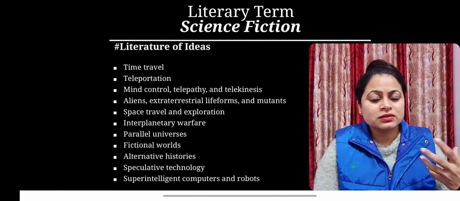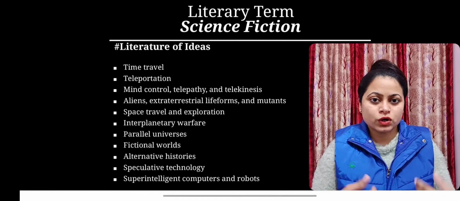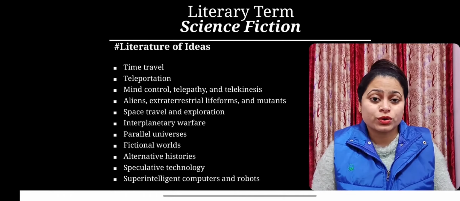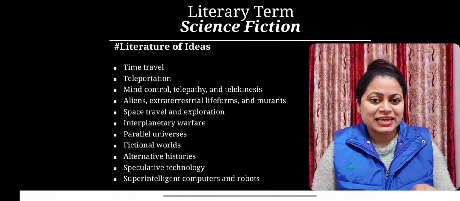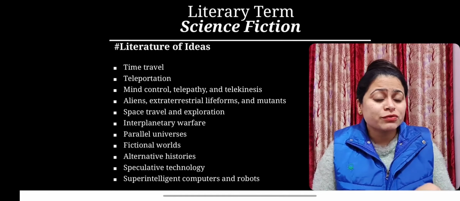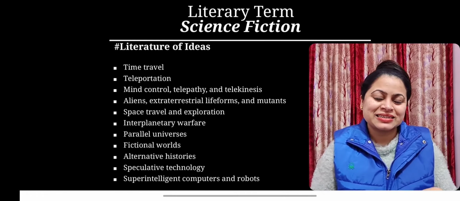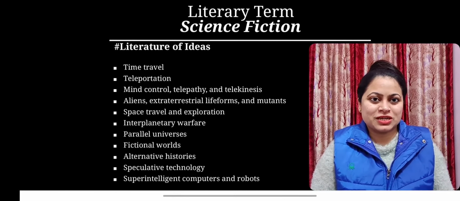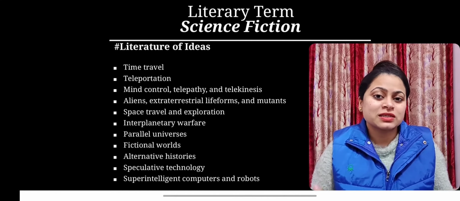And these fictional stories involving real science explore the possible future of mankind and universe, and that too in a way which is both realistic and imaginative at the same time. So this is what science fiction is and how interesting it is.